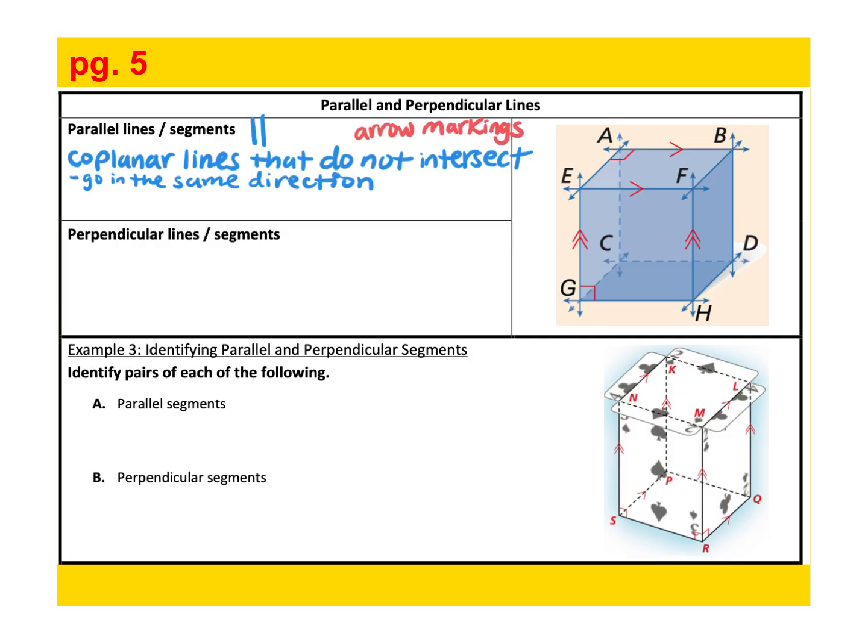So, for example, these two lines, if I draw one arrow on them, that is saying that they're parallel. In our picture, you can see that EF and AB both have the one arrow because they're parallel. The symbol for parallel is two vertical lines. So I'm going to state line AB is parallel to line EF.